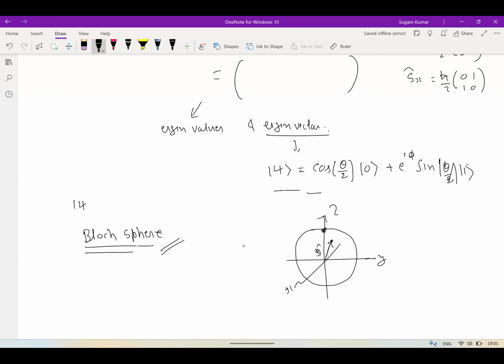Maybe along that direction I can call it 0, and along negative z direction I can call it 1, and so on. So this spin can take any orientation on this sphere, and based upon this orientation I can represent the different bits.